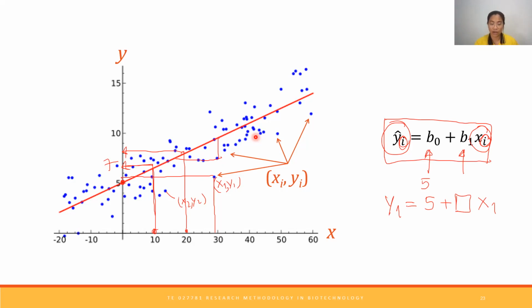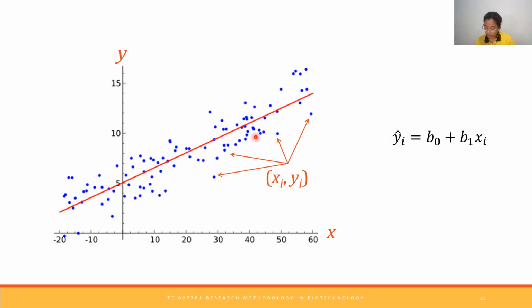The point is that the value you get from your experiment and the values you get after doing regression would be different. Take the example of this data.